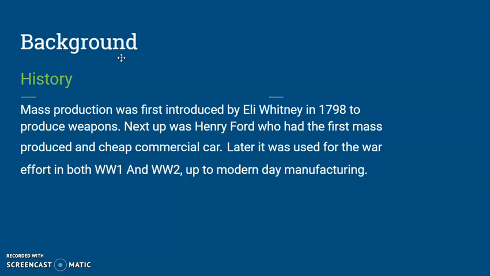He used this to produce a cheap commercial car, the first of which was the Ford Model T. Later on, we will see it used in time periods such as World War I, World War II, all the way up until modern day manufacturing with places like Toyota.